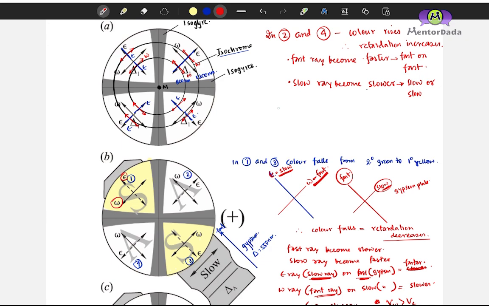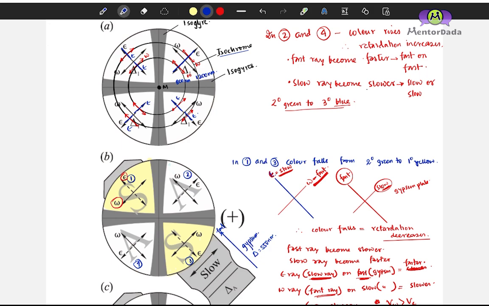So in case of 2 and 4, suppose color rises, and suppose it rises from second order green to third order blue. Okay, suppose this happens.